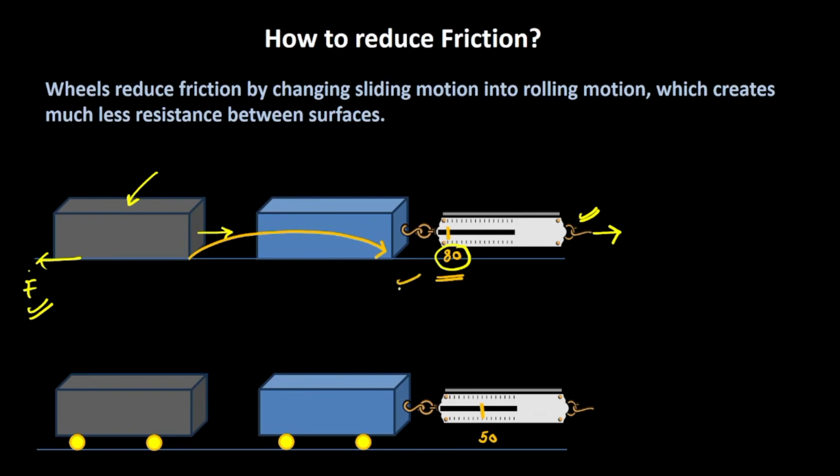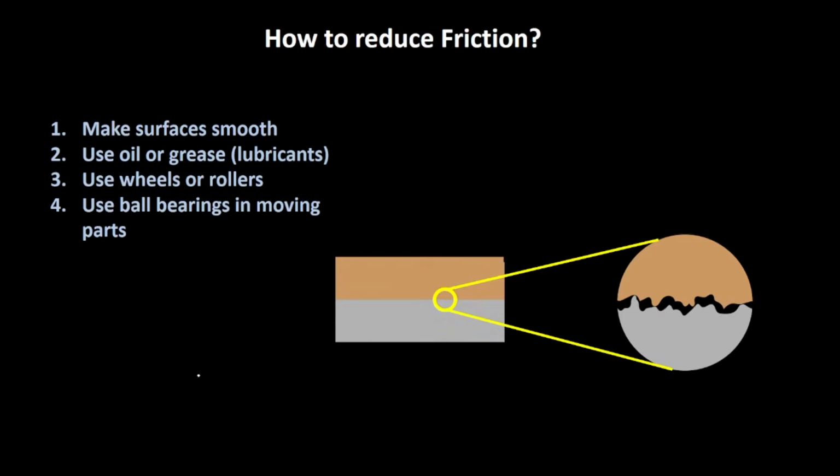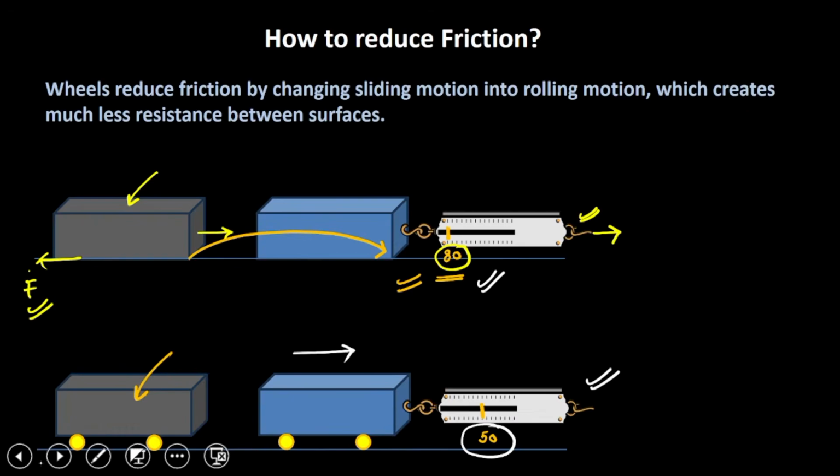Now let's redo this activity, but this time let's place the rollers between the box and the ground. With the help of these wheels or rollers, it is much easier to move this box because, as you can see, there is very little frictional force in this situation as compared to the first situation. So we can clearly deduce that wheels, rollers, and in some situations ball bearings, ultimately help to reduce the friction.